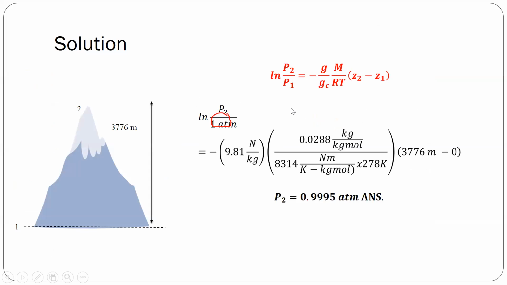So temperature is 278. Okay, and then Z2, ayun, ang height daw ng mountain 3776, positive kasi nasa taas, minus Z1, 0. So if you compute that, you will obtain a pressure of 0.9995 atmospheres.